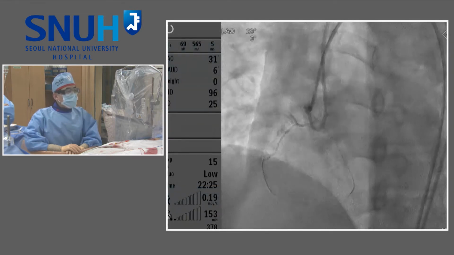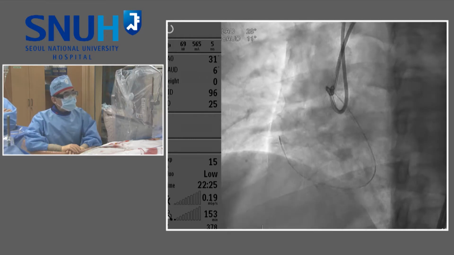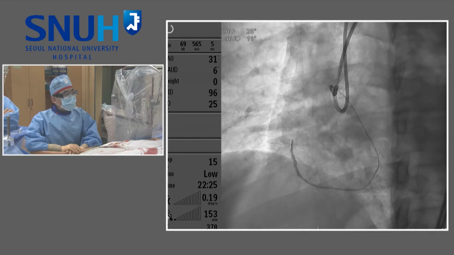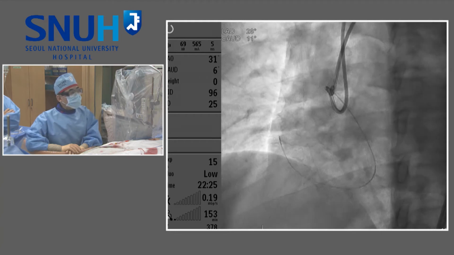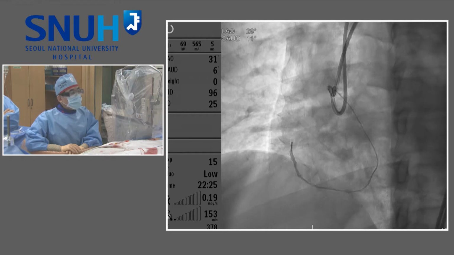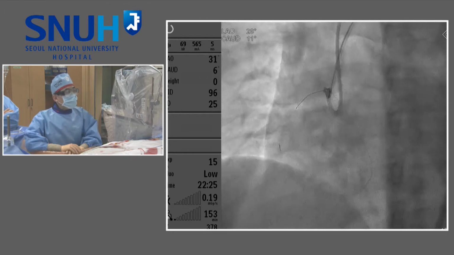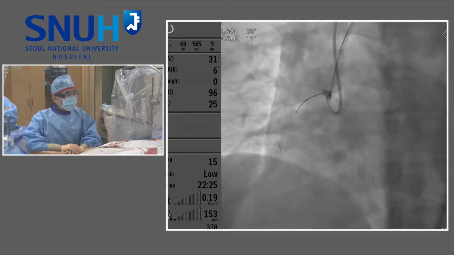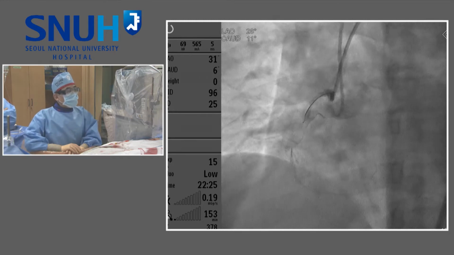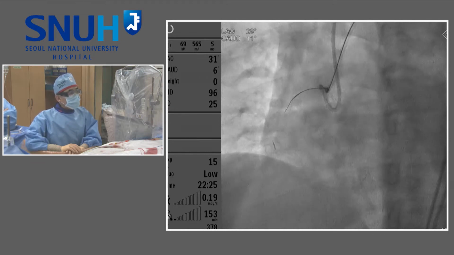Then I insert the ping-pong guiding catheter system. I did a retro microcatheter injection to clarify the distal stump, but it was not helpful. So I inserted the antegrade system, Sion with Corsair backup, then I advanced Gaia first.